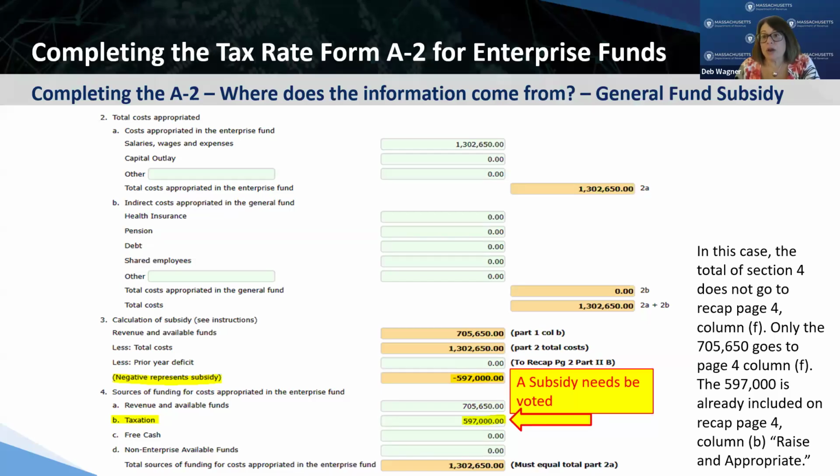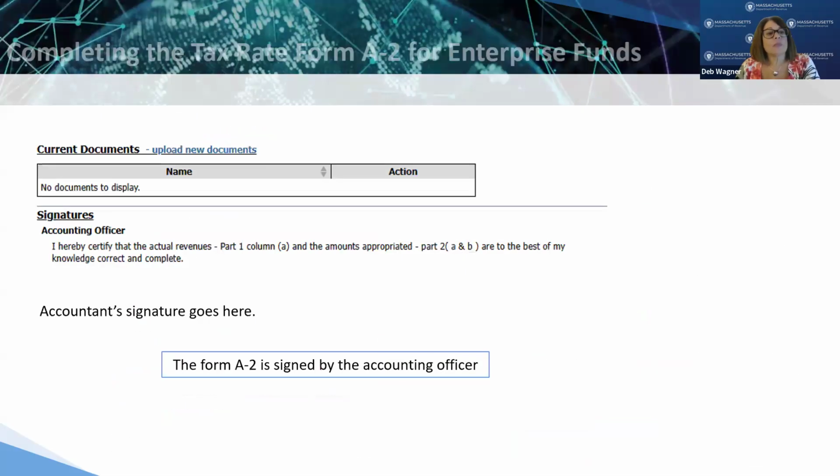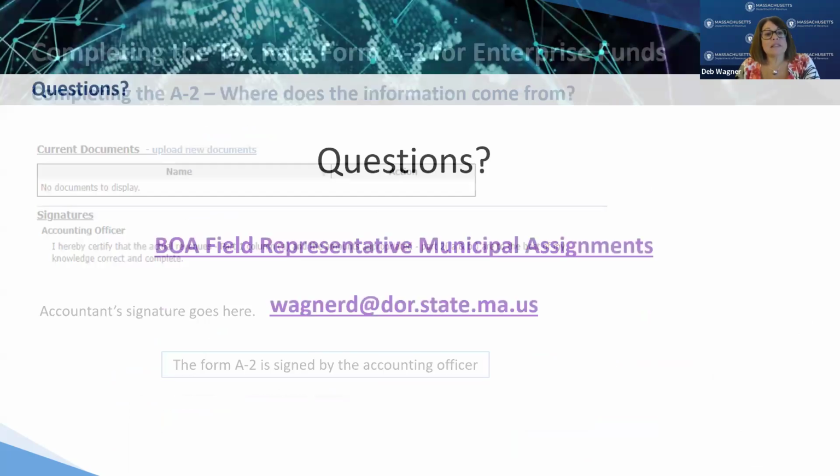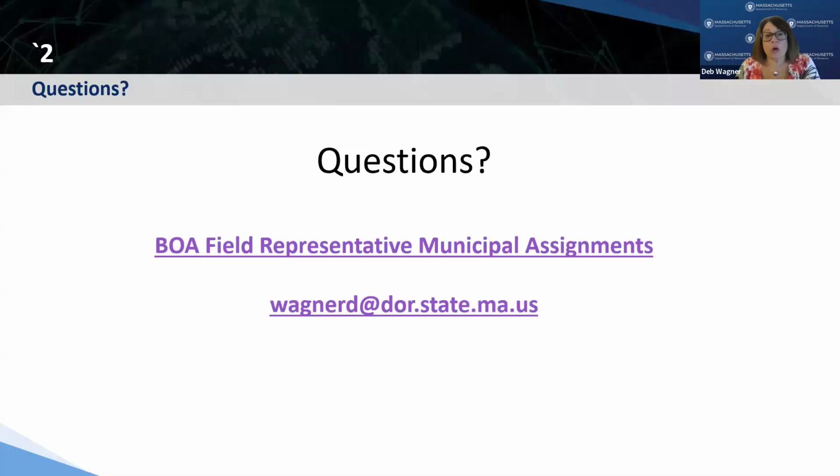That amount has already been raised and appropriated for the enterprise fund subsidy in the general fund budget. And then finally, you're going to sign and submit the Form A-2 as the accountant. And that's it. So I'm happy to take any questions now.